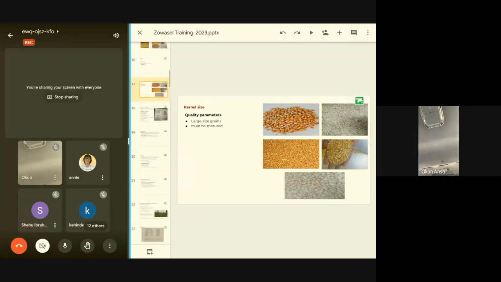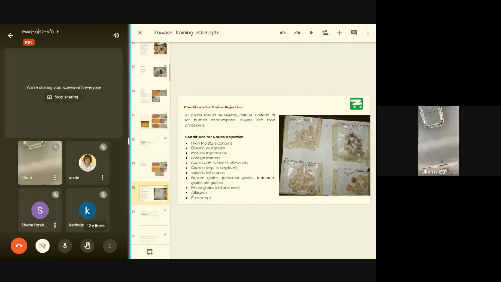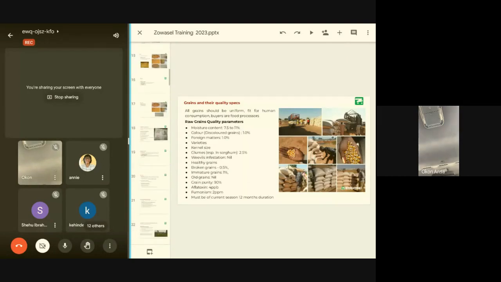So also there are several conditions for rejection, even as we have talked about some of the characteristics or quality parameters of the grain.